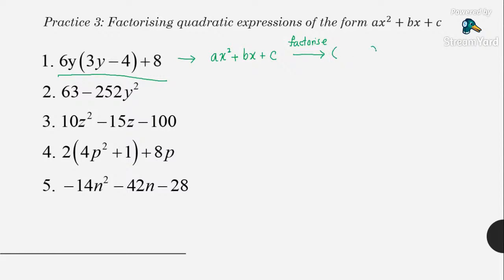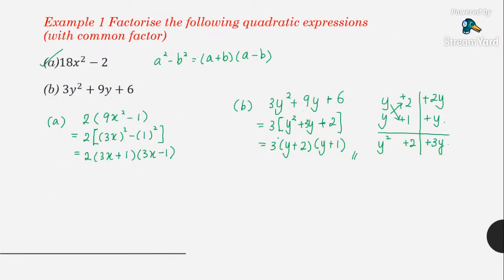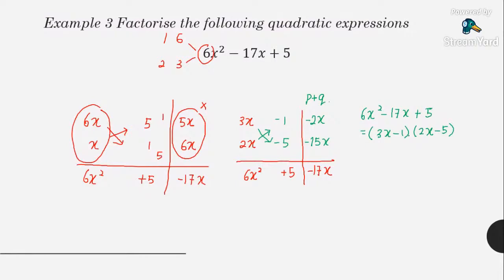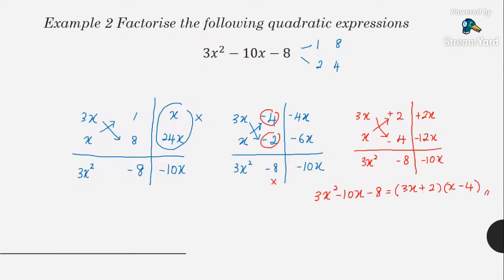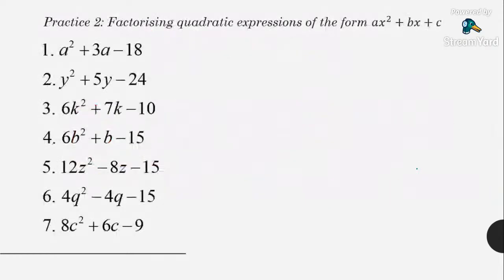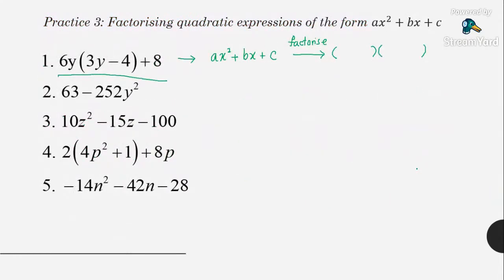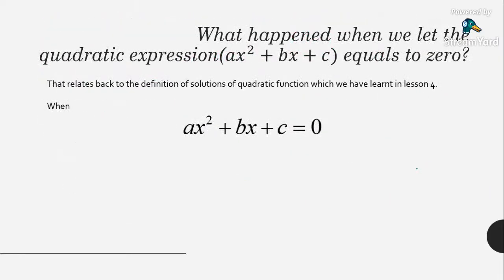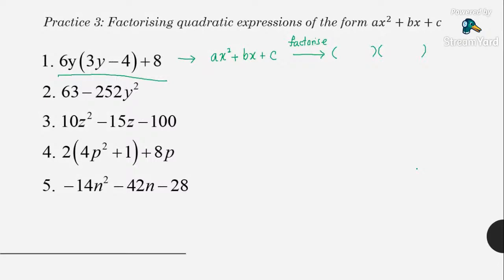Because this is power of 2, your answer definitely will have 2 factors. Quadratic power of 2 means you must get 2 factors. So this is practice 3 that you have to do as your homework.